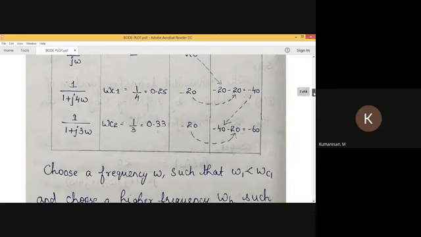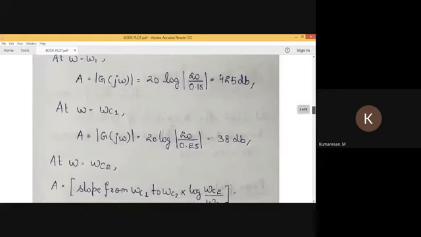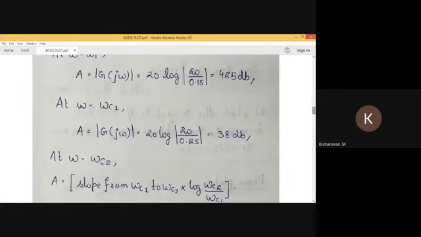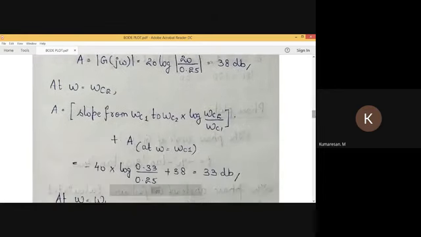So we put -40 times log of the second frequency 0.33 divided by the first frequency 0.25, plus the previous magnitude 38, equal to 33 decibel. We found 33 decibel.